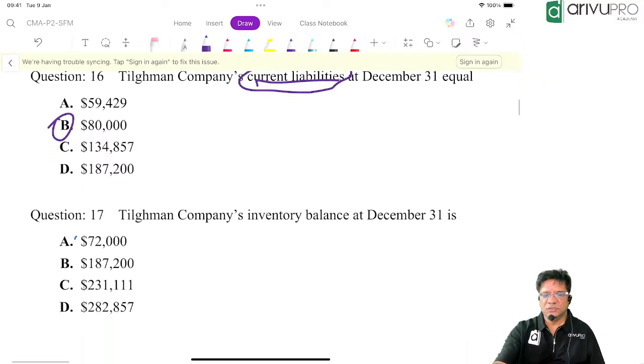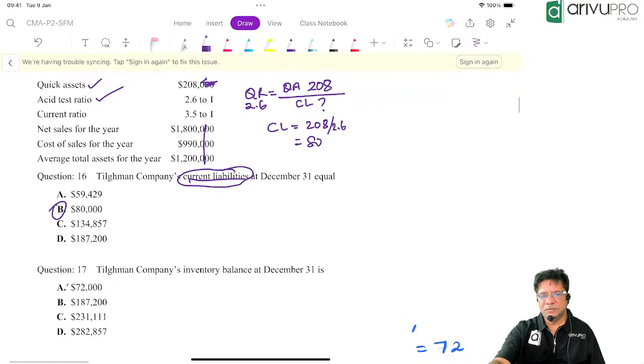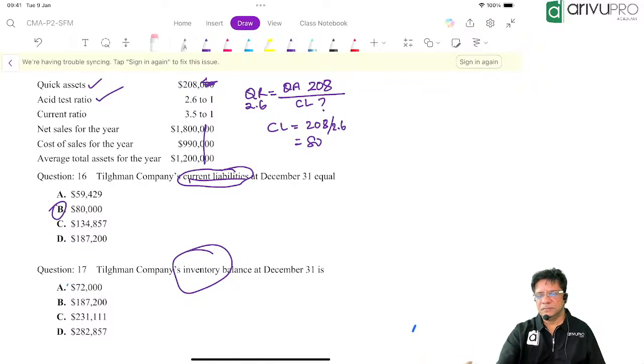Now, next question is related. Same question: how much is the inventory balance? How much is inventory?